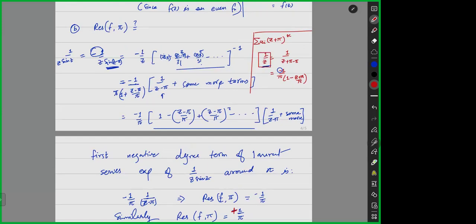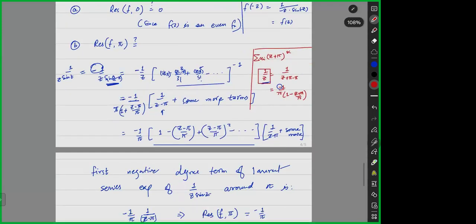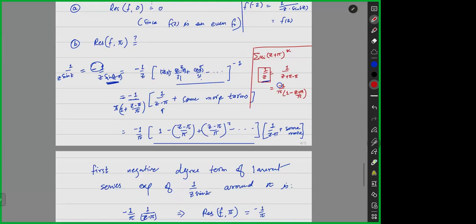When you are trying to expand around minus pi, you have to expand in the powers of z plus pi, the powers k. To make that possible, you have taken minus pi common outside, so z plus pi remains together.